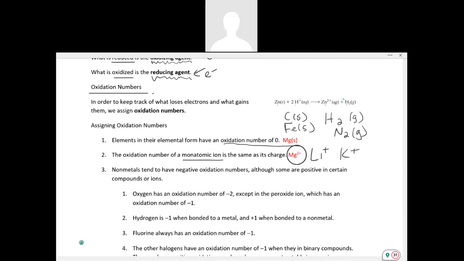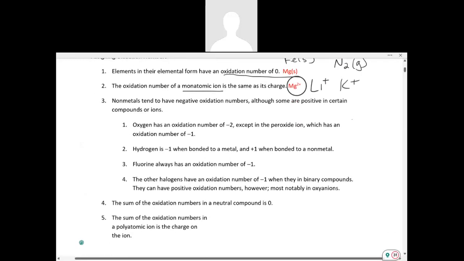Then we have nonmetals, and those are things that we can remember here with oxidation numbers. Rarely are nonmetals going to be positive, only in certain compounds or ions. So for example, we have oxygen here. For our purposes, this will always be -2. There is one exception, when it has an oxidation number of -1 when we see peroxides, but we probably won't encounter these.